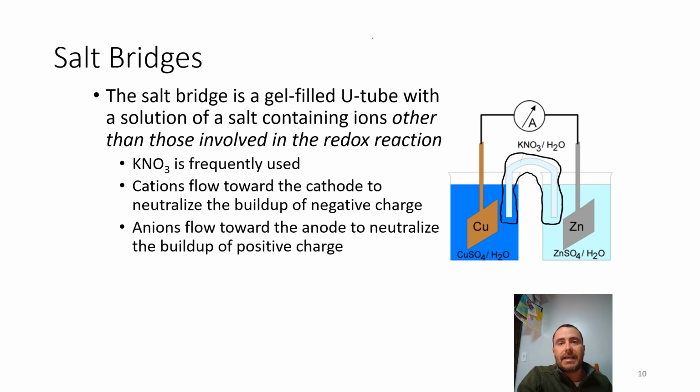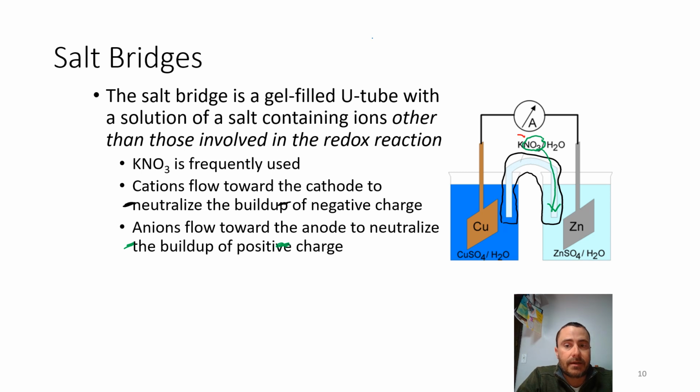So what we need to know is that if we have a salt bridge, notice that our cations are going to flow towards the cathode. And our anions are going to flow towards the anode. So in our case, the NO3, the anions, are going to flow towards the anode, which is our zinc side.